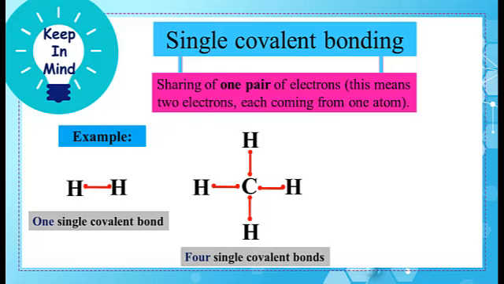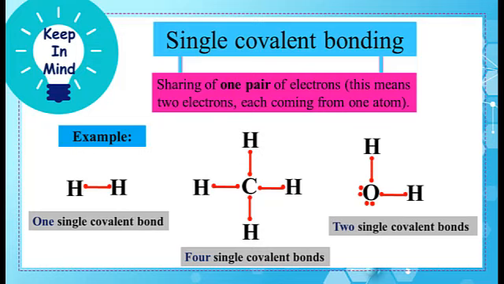In CH4, the carbon atom will share 1 pair of electrons with each of the 4 hydrogen atoms, forming 4 single covalent bonds. In H2O, oxygen atom will share 1 pair of electrons with each of the 2 hydrogen atoms, forming 2 single covalent bonds.